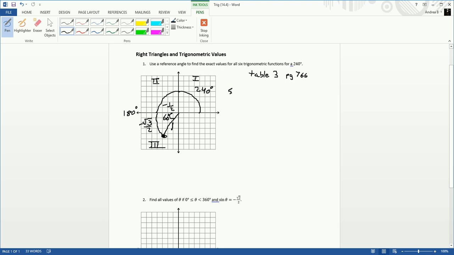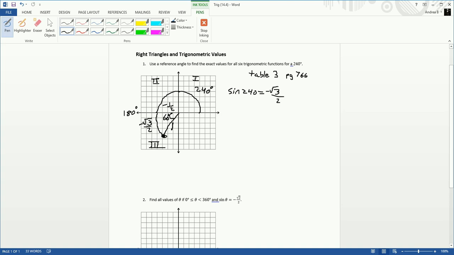So we already have some of those set up. So we'd have for the sine function, sine of 240 degrees would be equal to our y value here, which remember in this case would be that negative square root of 3/2.